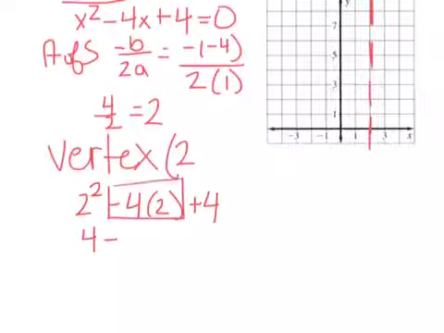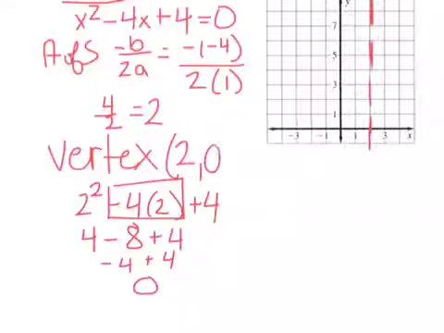Negative 4 times 2 gives me minus 8 plus 4. So I really have negative 4 plus 4, which gives me a y-coordinate of 0. So my vertex is at 2, 0. Over 2, dot right here.